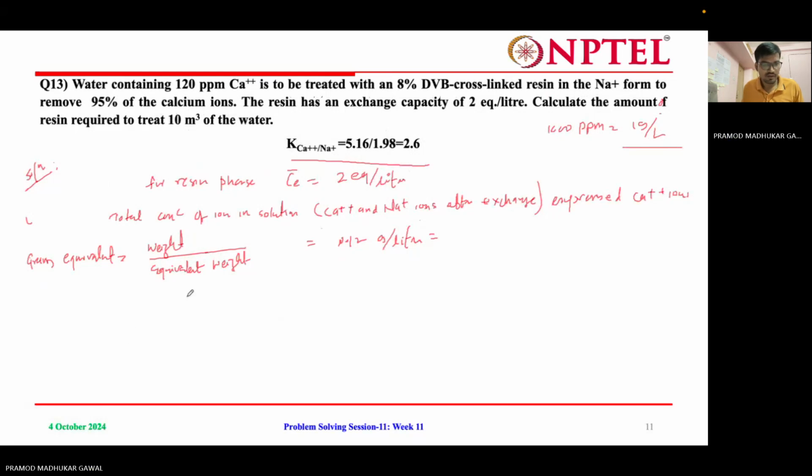And equivalent weight is molar mass divided by n, the valency, the number of charges.